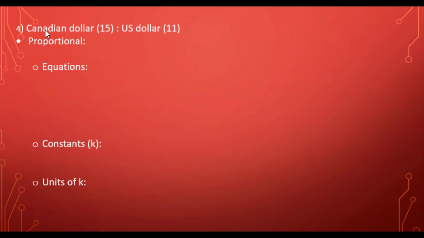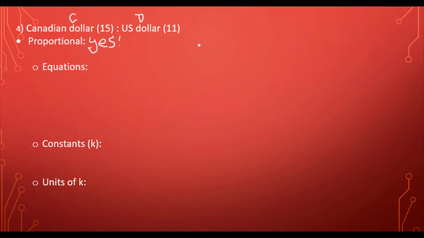So here we're going to look at Canadian dollars to US dollars. First of all, is it proportional? And hopefully you would know yes. If you doubled the amount of Canadian dollars, you would double the amount of US dollars. Now for the equation, I'm going to use C for Canadian dollars and D for US dollars. You can use anything you want.